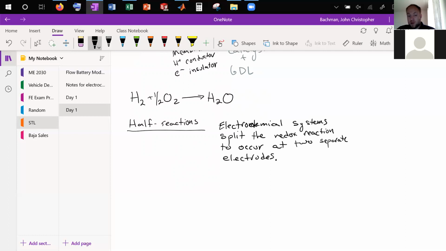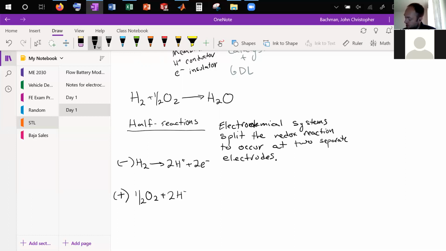They're on a surface, they're not happening in the bulk. So our negative reaction, we said, okay, well, our hydrogen has to split into two protons and two electrons so that it can get to the other side of the cell, the positive side of the cell, which is where we have our oxygen.